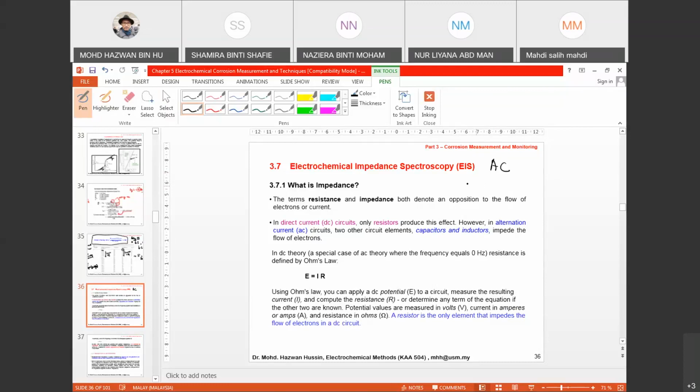So when you do EIS with alternating current, the process is known to be non-destructive.